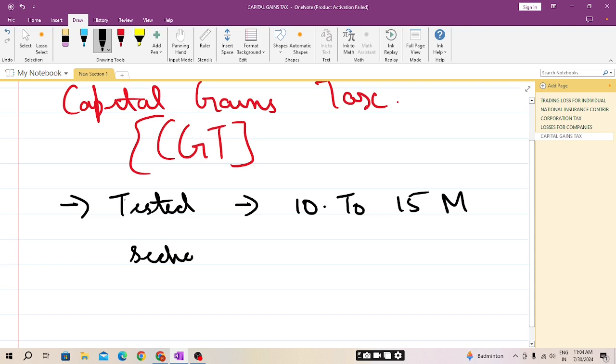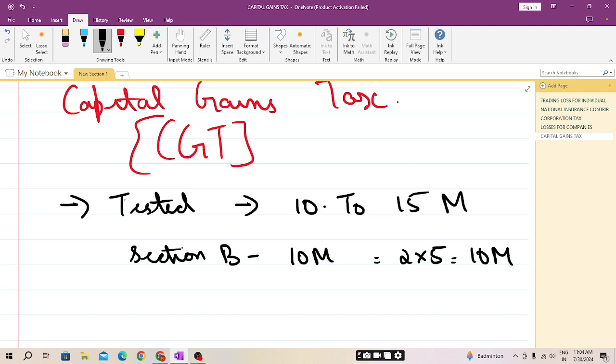In Section B, there is 1 compulsory question of 10 marks, that is 2 marks into 5 questions, MTQs. One question in Section B will surely relate to the capital gains tax.